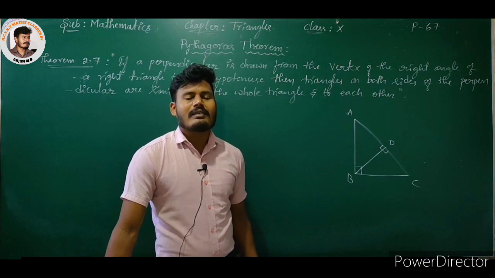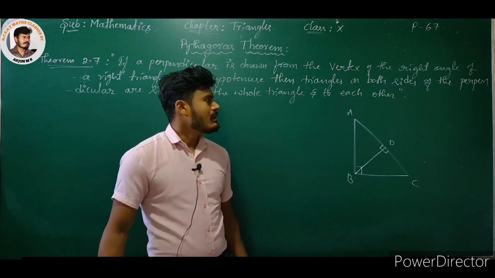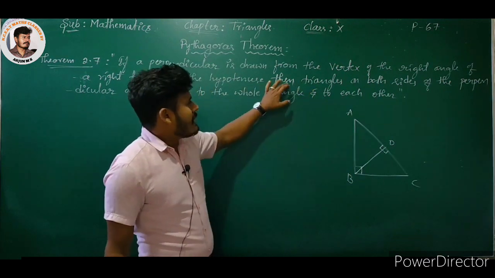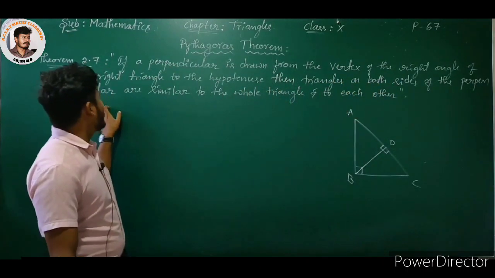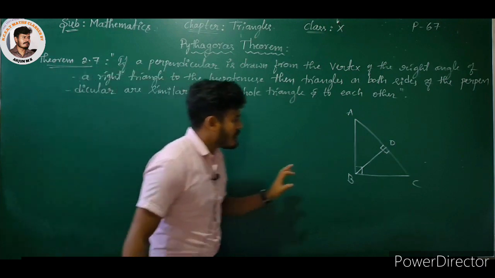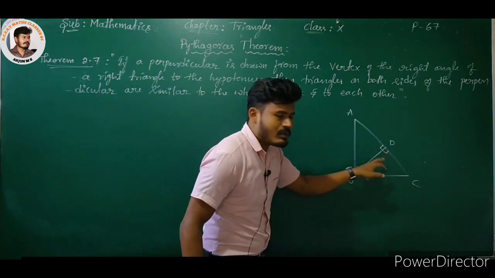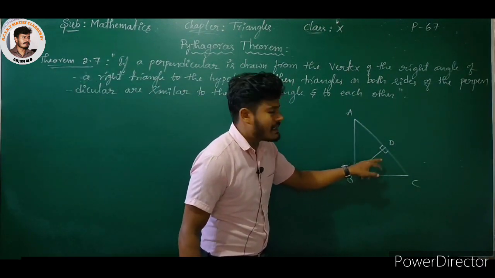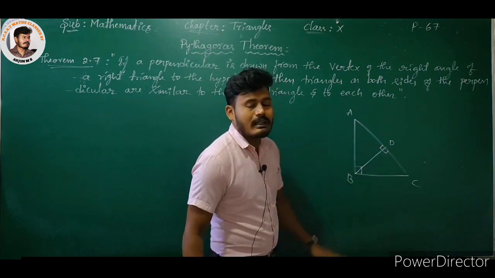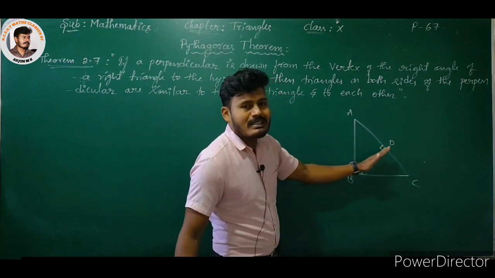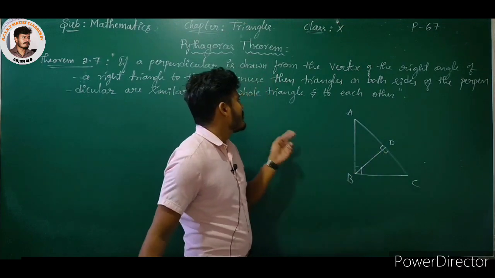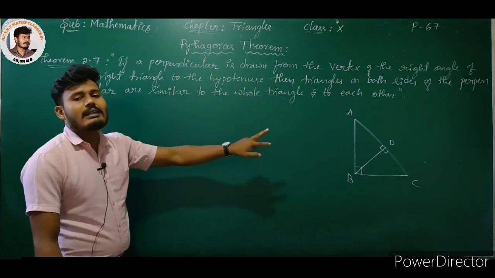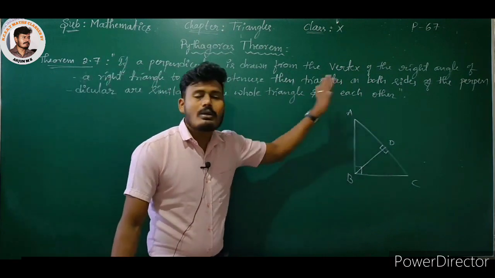The perpendicular is the common side of both triangles. Those two triangles are similar to the whole triangle.